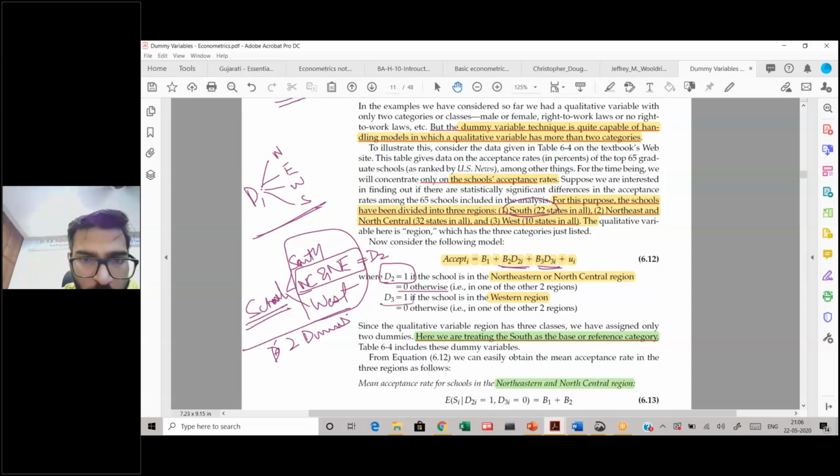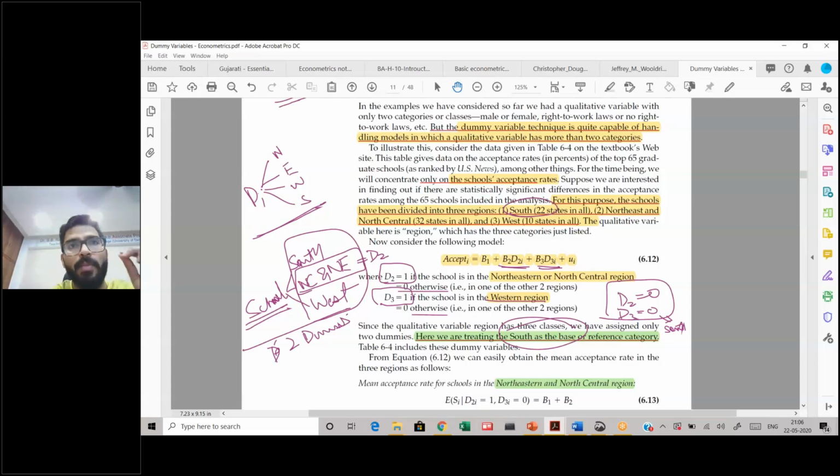D3 is equal to 1 if the school is from west and is equal to 0 otherwise, which essentially means when D2 is equal to 0 and D3 is also equal to 0, the base category is the south schools. So south is the base category. Always remember this: as soon as you get your dummy variable cases, find out the base category.